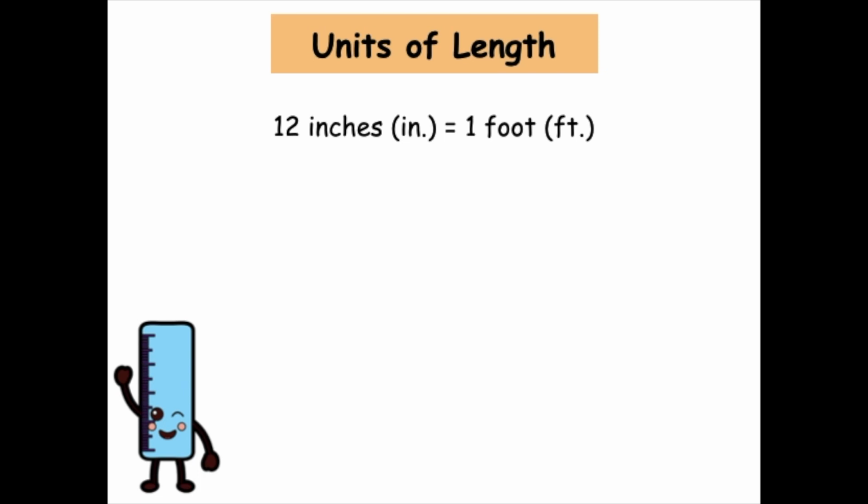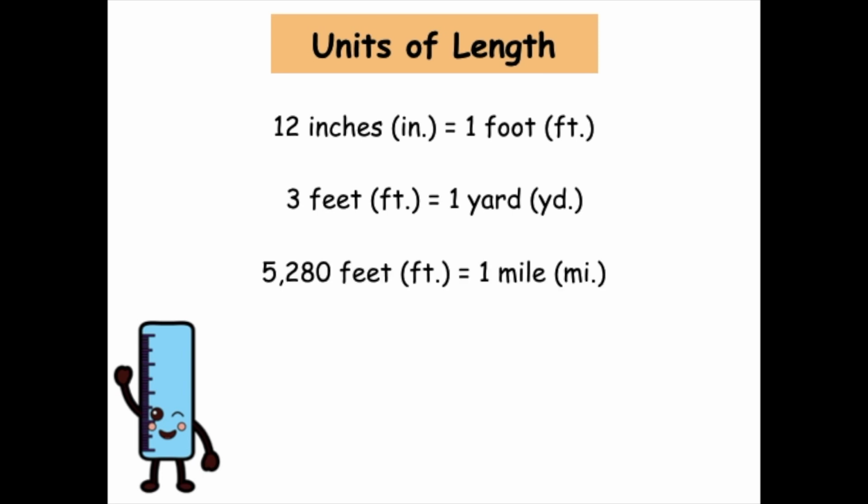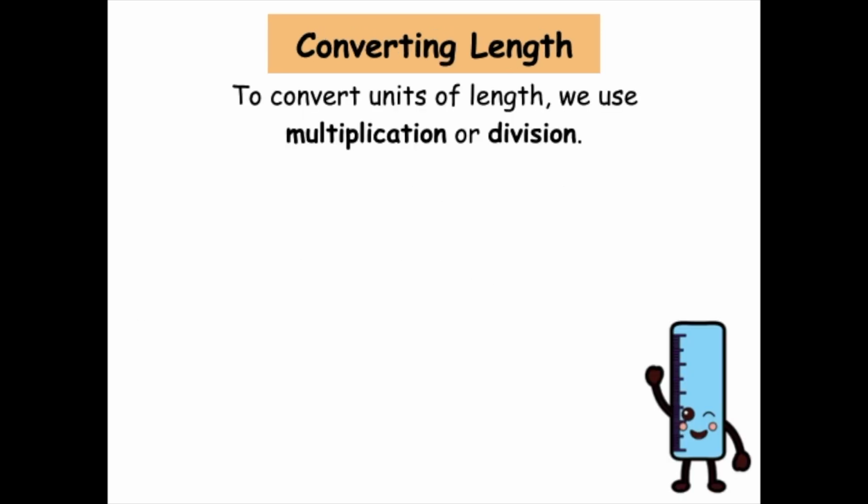I would suggest you write down these different conversions as we go through them, because they will be useful when you go back and do the practice problems, because you need them to do that. 3 feet equals 1 yard. 5,280 feet equals 1 mile. 1,760 yards equal 1 mile.